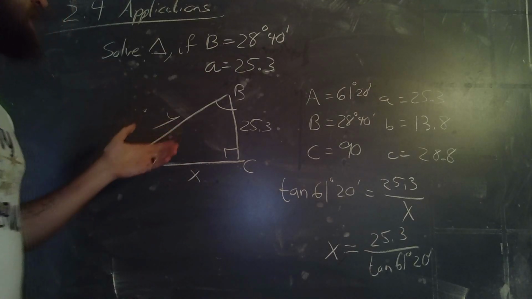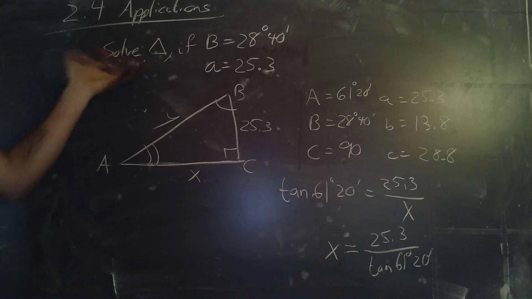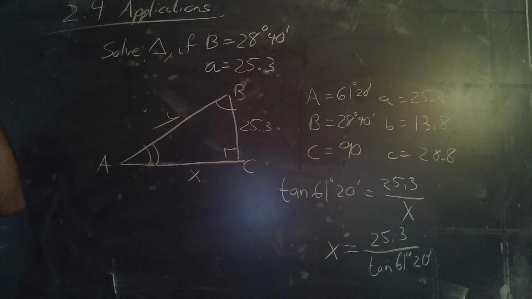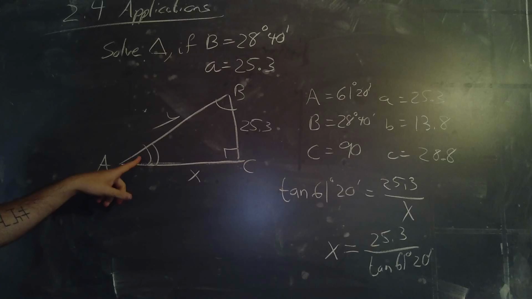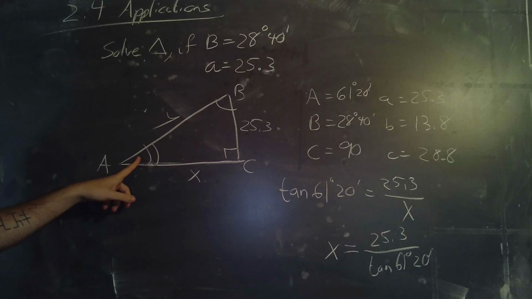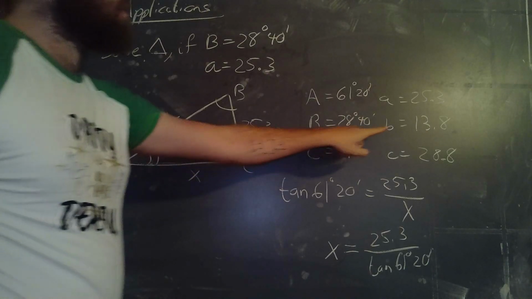And once we have what I like to call the answer chart filled out, we have in fact solved the triangle. All we have to do is determine which particular pieces of information were asked for, and this is kind of an application of common sense. Had this been like a building that was 25.3 high, and then we have an angle of elevation from a point away from the building in the horizontal direction equal to 28 degrees 40 minutes or 28.6 degrees, then we could ask how far away from the building am I standing, and that would be this b value right here.